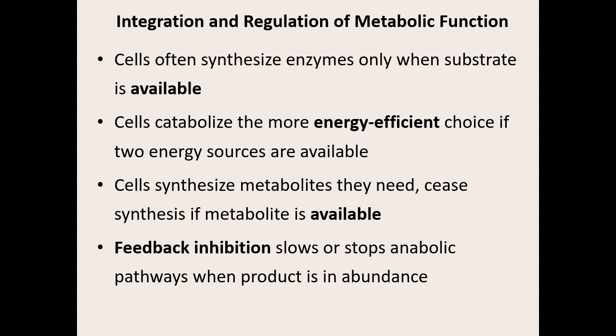So when you start making your product, that product goes back and stops the making of it. So when we make enough of it, we stop making it when it's abundant. It's like if we had enough of those little green ovals, it becomes an inhibitor, so we don't make any more green ovals. We got enough. Again, it's how our cells try to be efficient, aka lazy. Let's only make things when we need to make them, and then let's stop when we've already made them.